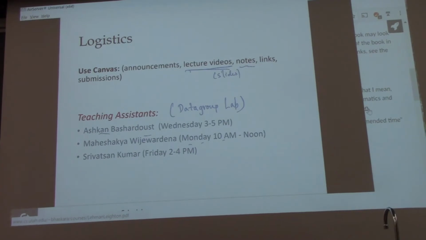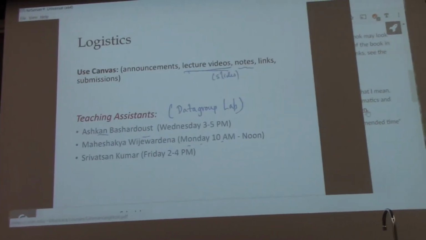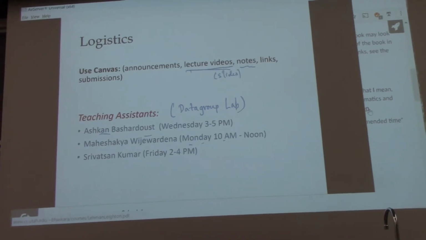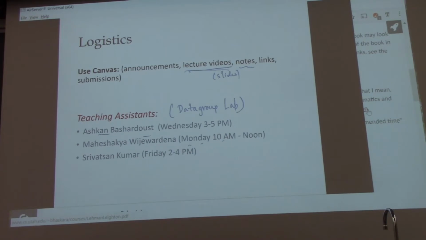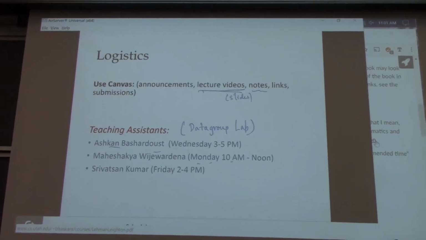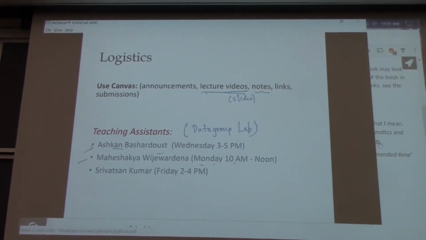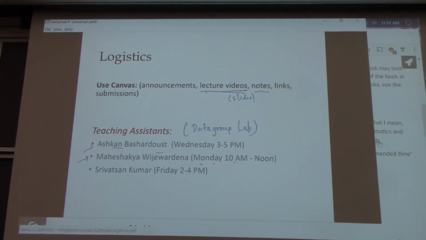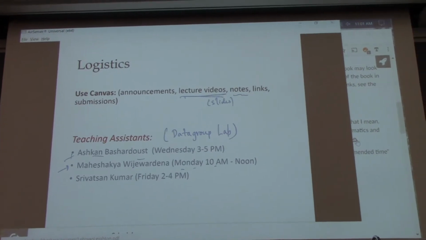Do you also have an office there? No, but it's better to hold your office hours there. I think we'll put it up on Canvas, where we hold the office hours. Do you have an alternative office? I usually do it in MED 311. So look out for the office hours. Both the others have offices in this data lab. Srivatsan might hold it in a different place, so look out for that.